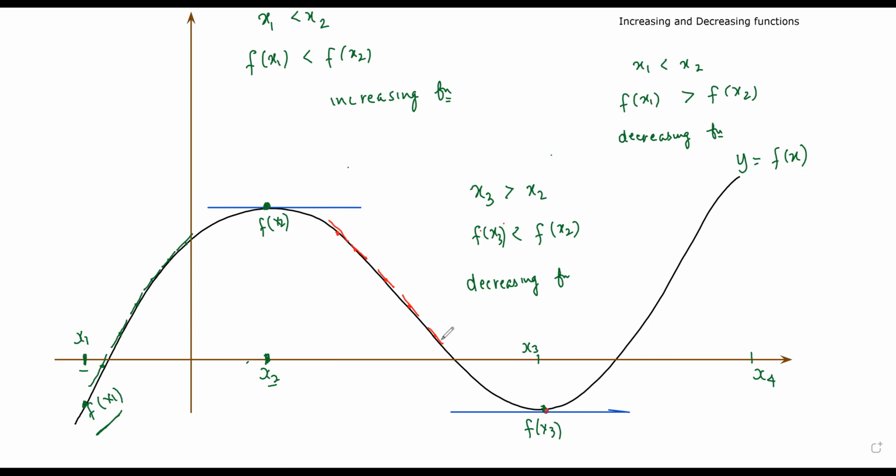So in an interval in which a function is increasing, its derivative is positive. dy/dx has a positive value when the function is increasing, and dy/dx has a negative value if the function is decreasing in that interval.